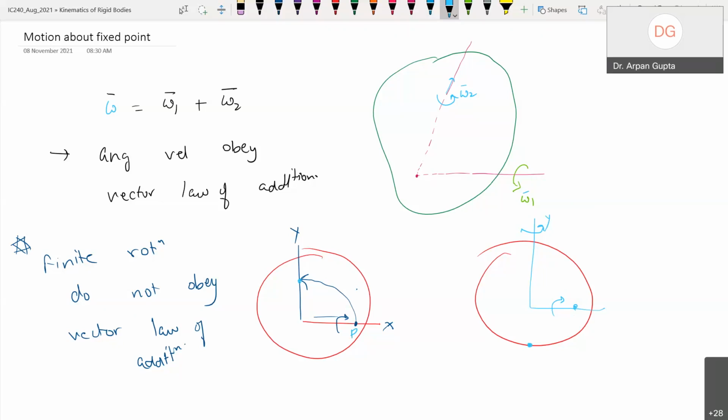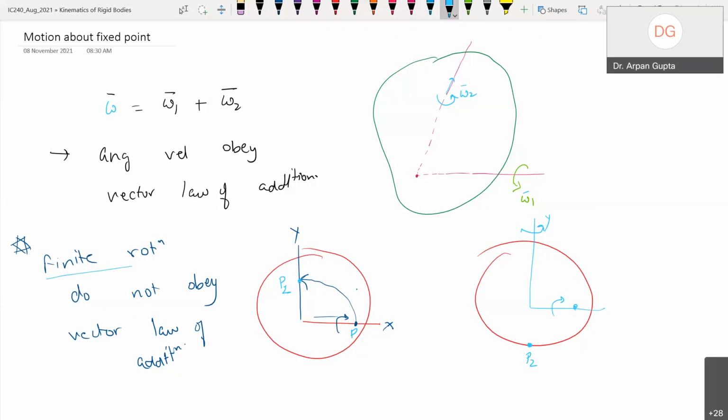So this is point P. Call this P1, where one rotation is about x and then about y, and this is P2. In the first rotation it goes somewhere here, and after the second rotation it comes to this position. So you can see the result is totally different.